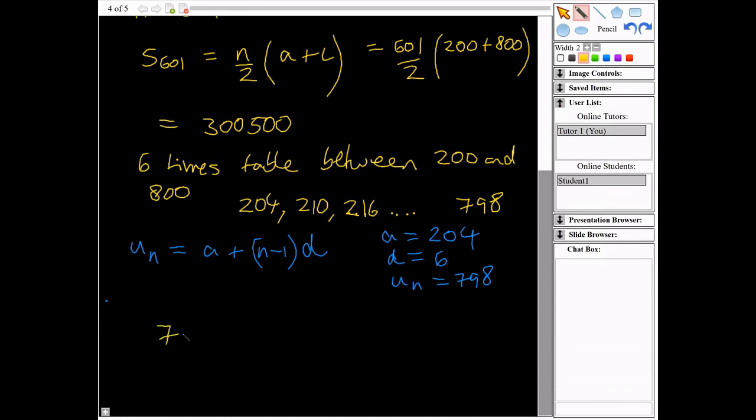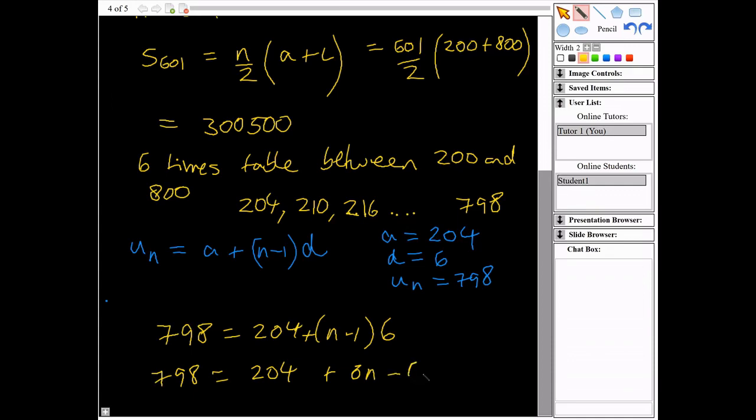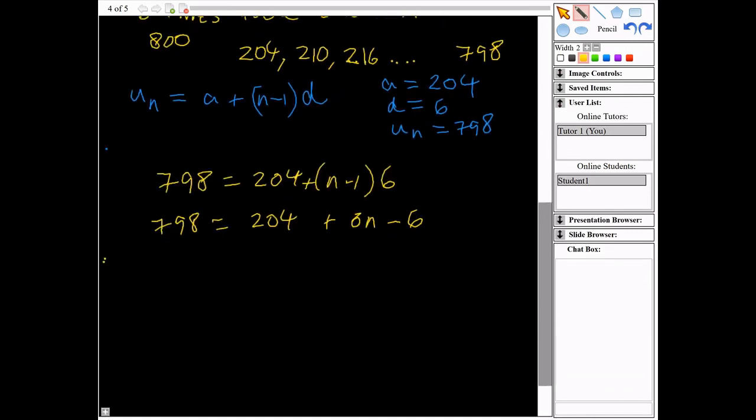So 798 is equal to 204 plus n minus 1 times 6. So I can say 798 is equal to 204 plus 6n minus 6. So that would be 198. So 798 is equal to 198 plus 6n. Take 198 from both sides, it's going to be 600. So 6n is equal to 600. So n is going to be 100.